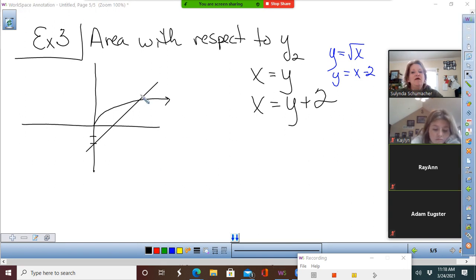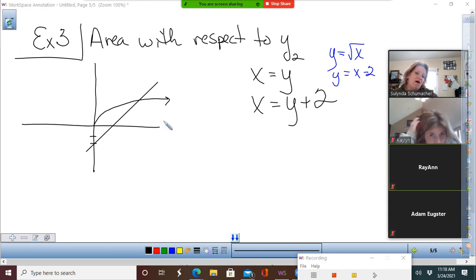Now you'll notice that here we have this area underneath, so to speak, that makes it a little bit harder to work with. We can actually do our graph going this direction because we want to find this area right here.